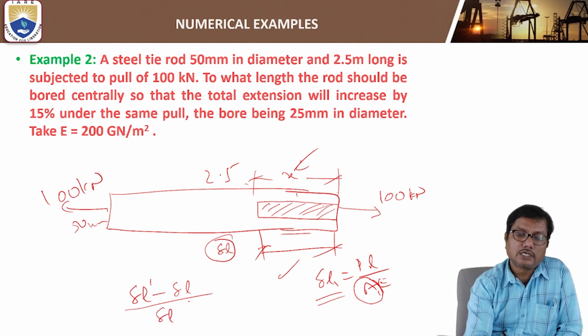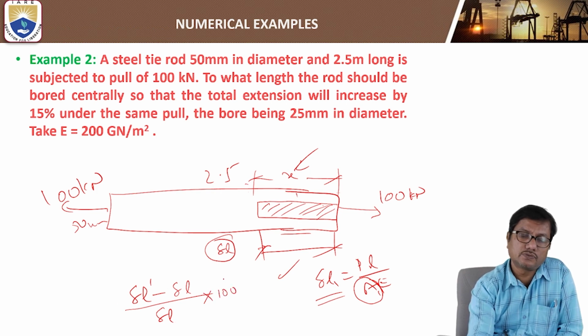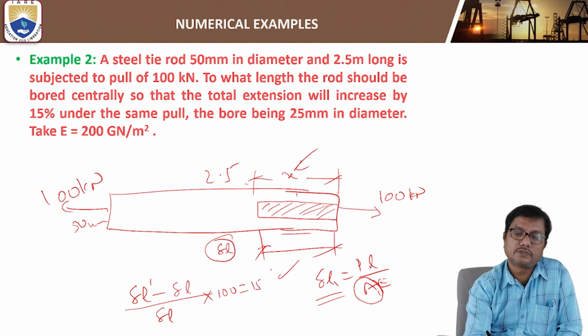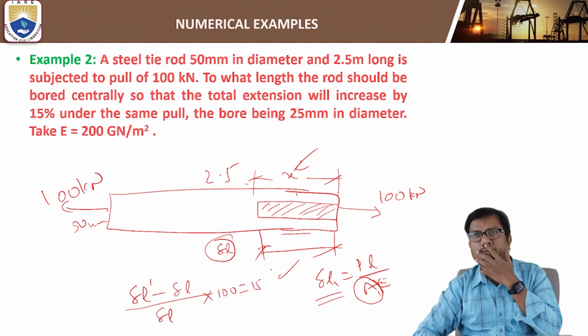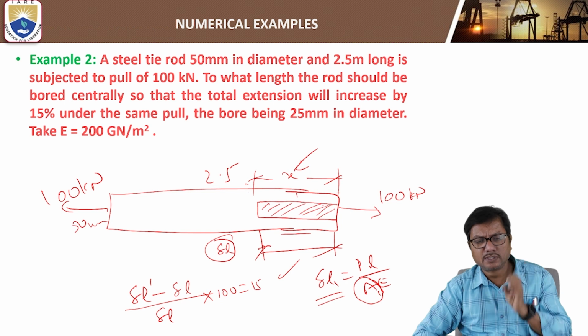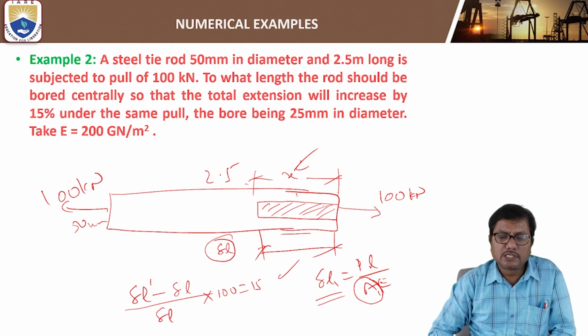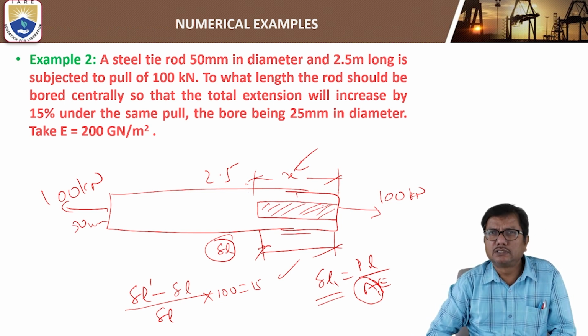Delta L dash minus delta L by delta L into 100 is equal to 15. So the percentage change in extension is 15%.